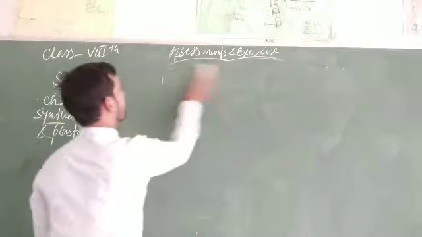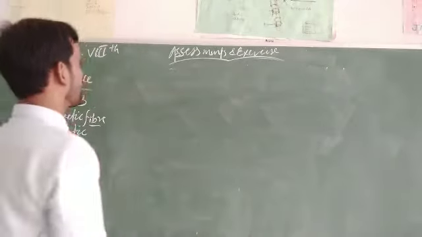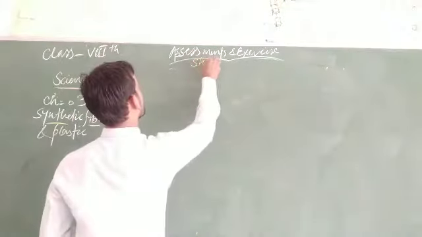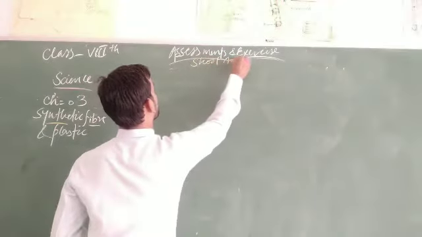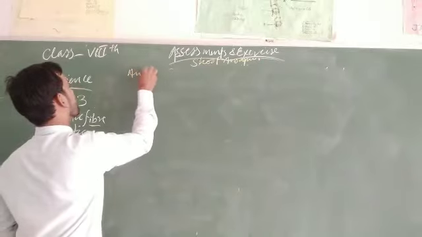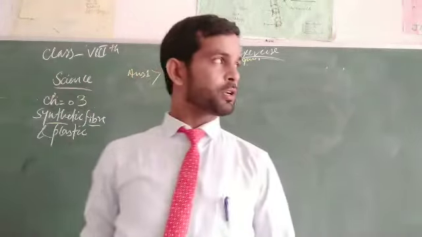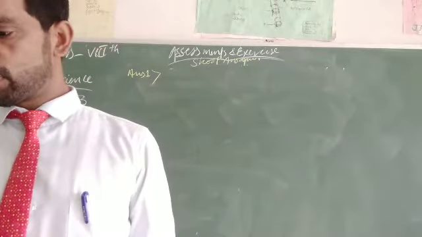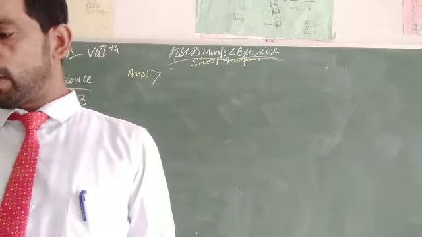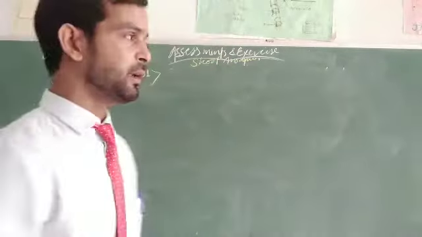Now we have to move on to the short answer questions. Answer number 1: cotton, polyester, nylon, wool and silk are fibers. Classify them into natural and artificial.